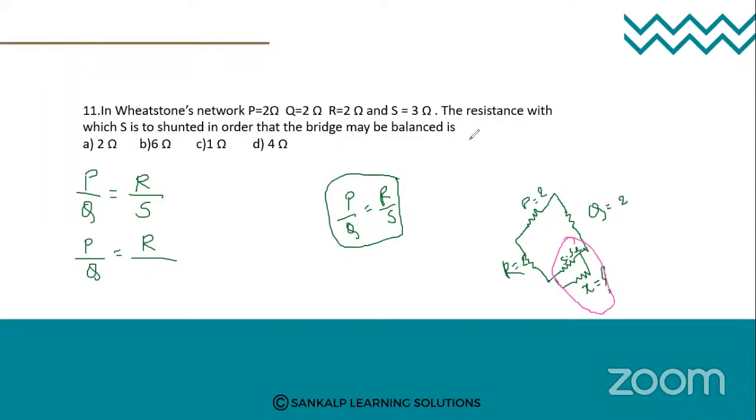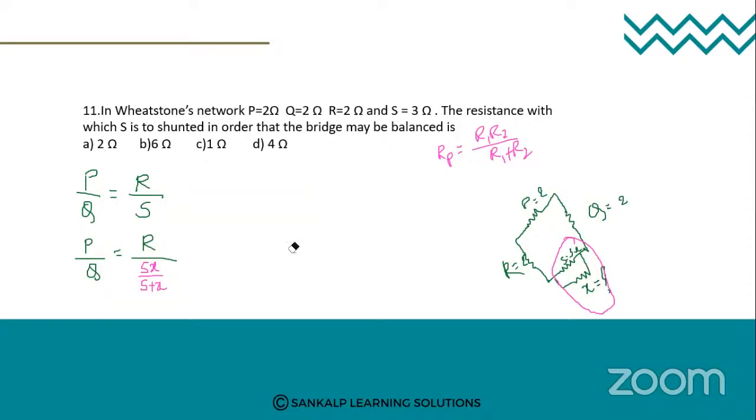For the parallel combination, the effective resistance is R1 into R2 divided by R1 plus R2. This is the effective resistance when it is in parallel combination. So here R1 is S and R2 is X, divided by R1 plus R2, that is S plus X. Now we can substitute all the other values, because we know P, Q, R and S values.